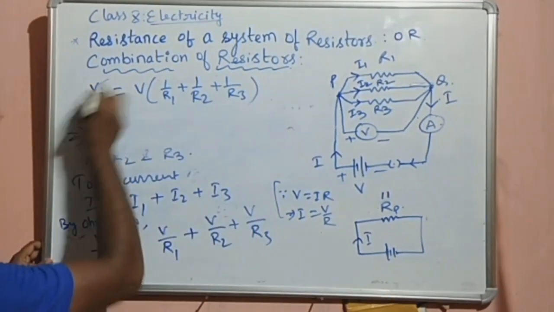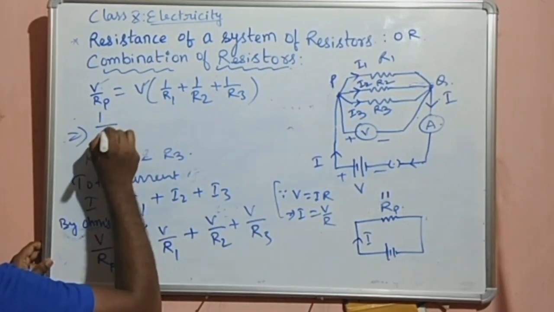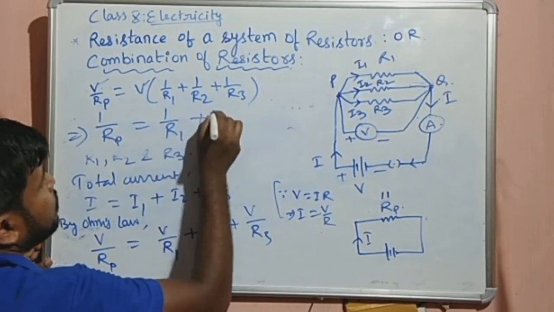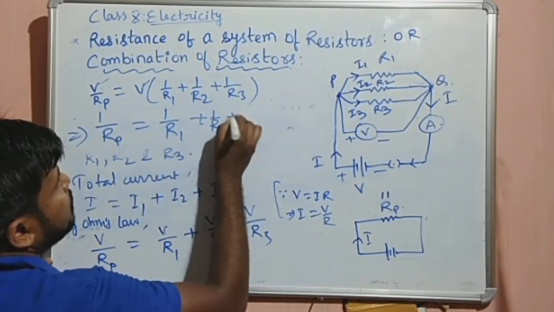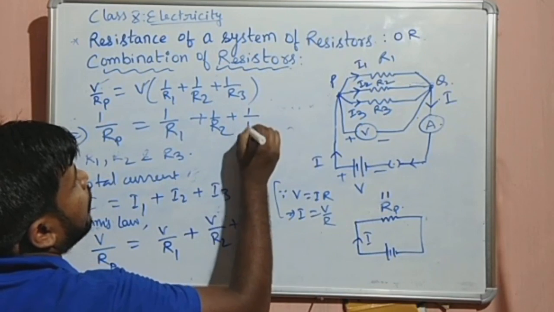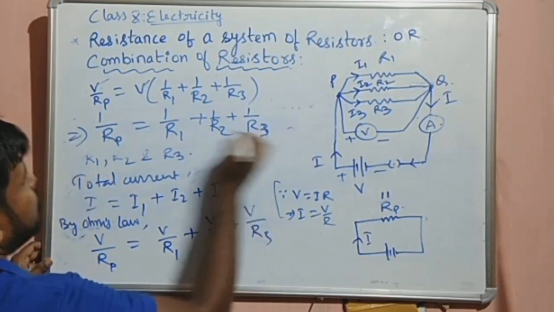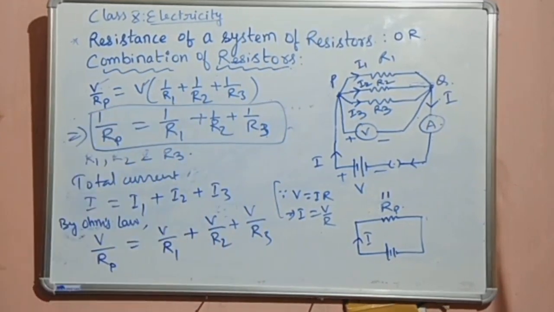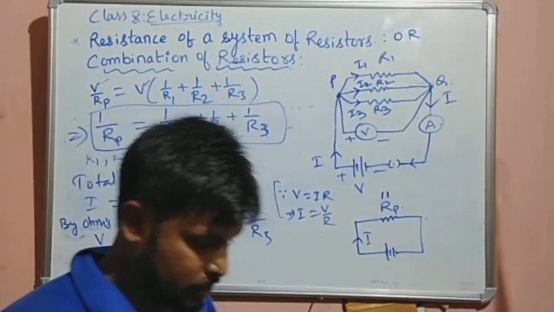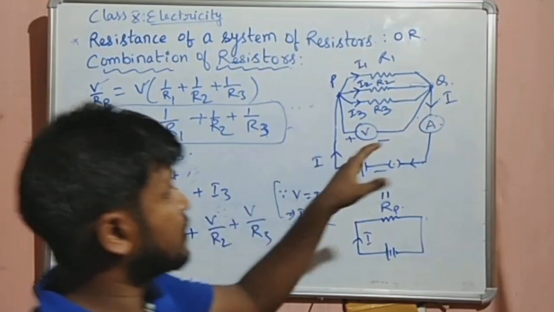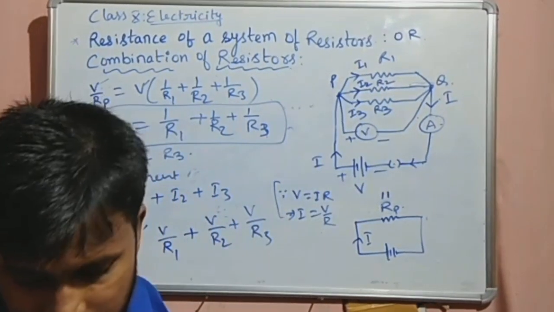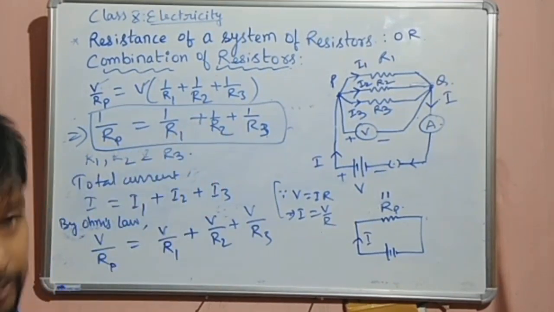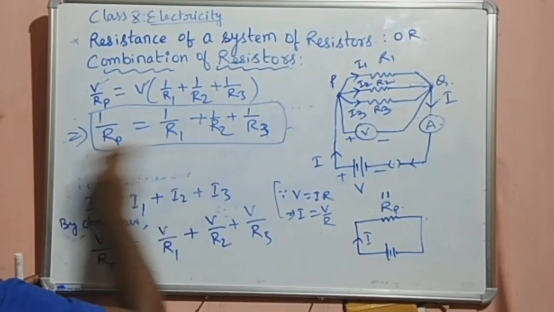This implies, with V cancelled out, 1 upon Rp is equal to 1 by R1 plus 1 by R2 plus 1 by R3. This is the expression for equivalent resistance for three resistors connected in parallel.